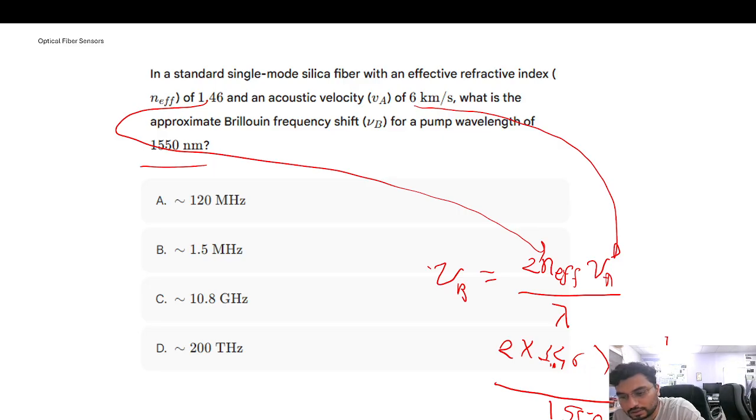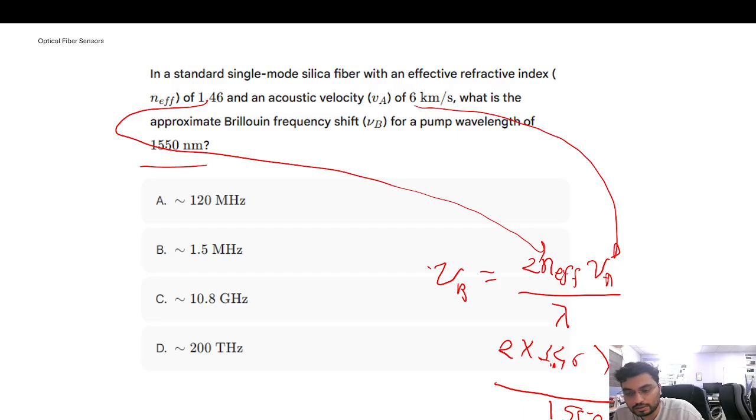This one, instead of kilometer we can write 6000, and this can be written as 10 to the power 9 meter.